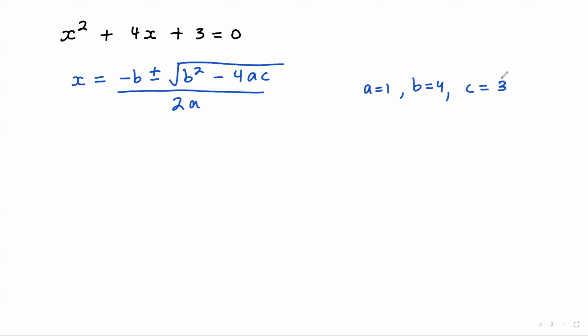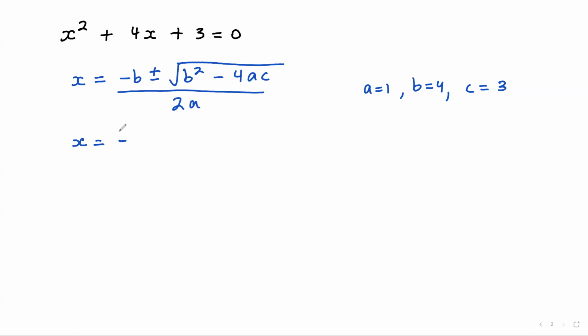So that means in the formula, wherever I have a, I'm going to replace it with 1. Wherever I have b, I'm replacing that with 4. And wherever I have c, I'm replacing it with 3. All right? So this would be x is equal to, well, it's minus b. So you're keeping that minus sign as part of the formula.